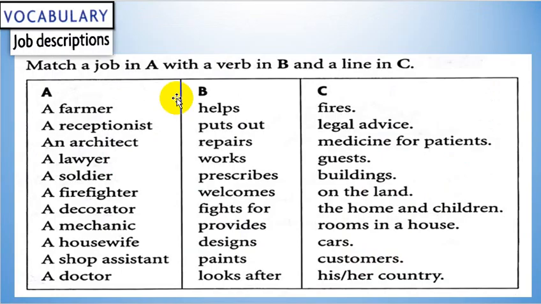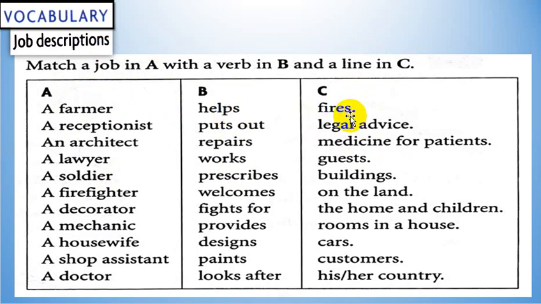Now next, in the vocabulary part, we have some job descriptions. The exercise is: match a job in A with a verb in B and a line in C. Here it is not solved. A farmer helps fires.